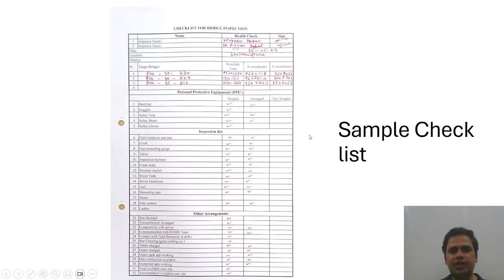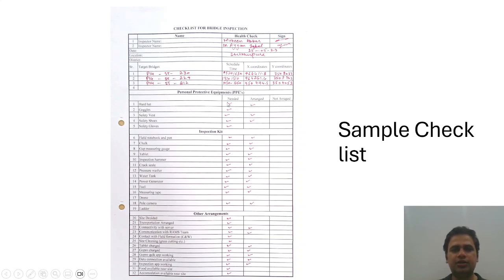This is a simple checklist which we have used at RAMS for the inspections. You can see that at the top there is the inspector name, and then there are target bridges which were required to be inspected, and their scheduled time during the day. For example, this is from 15:20 to 16:30. This is from 13:10 to 15:10. Then their exact location coordinates.